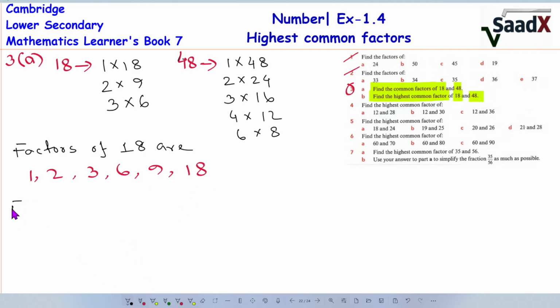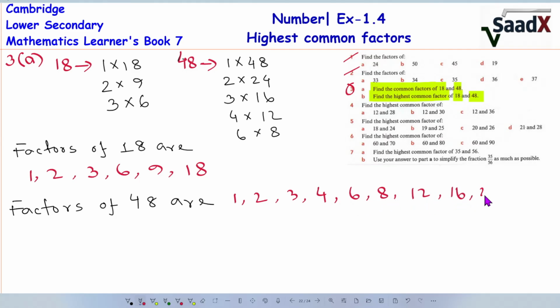Then factors of 48 are 1, 2, 3, 4, 6, 8, 12, 16, 24 and 48. Right?